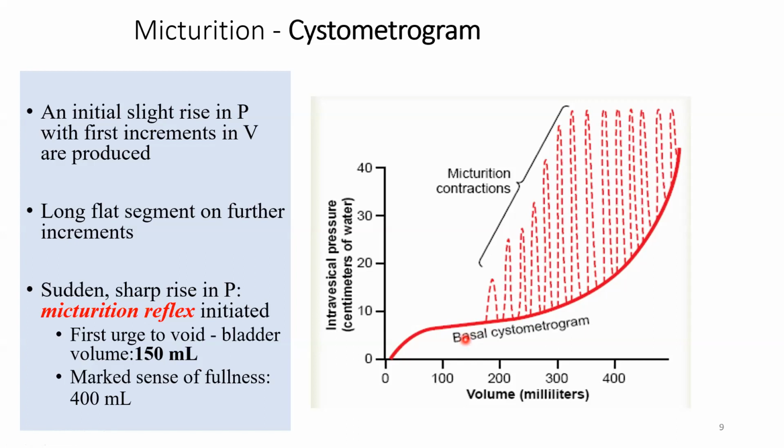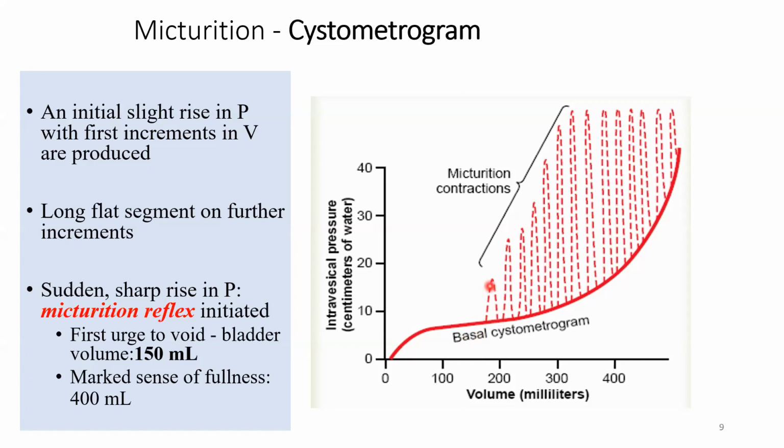So beyond 150, the stretch on the detrusor comes up to an extent that it triggers the micturition reflex, which is basically a sudden going up of pressure, sustaining, and then dropping back to baseline. And we talked about it, that it's incremental and self-regenerative.